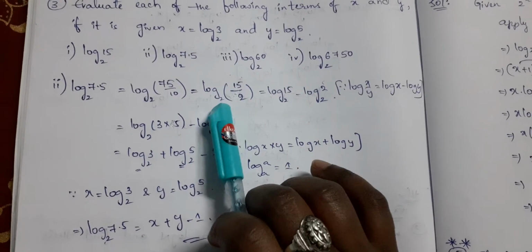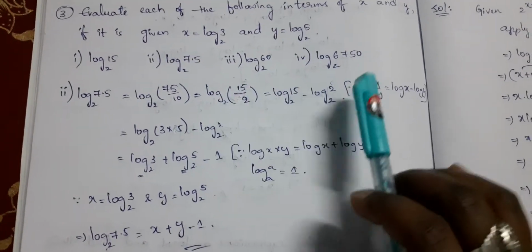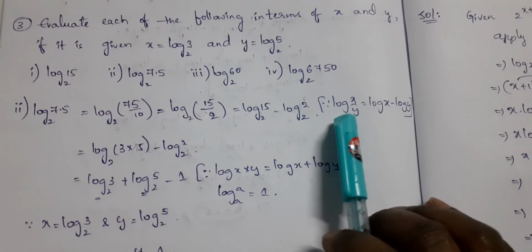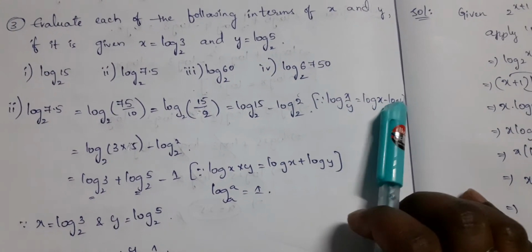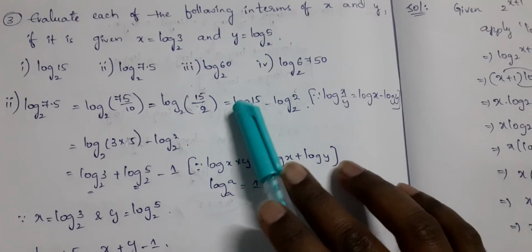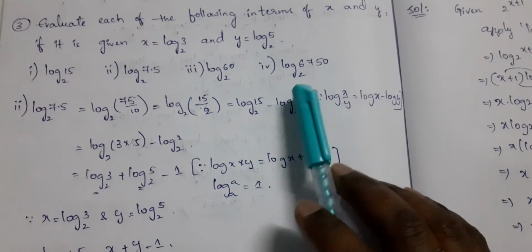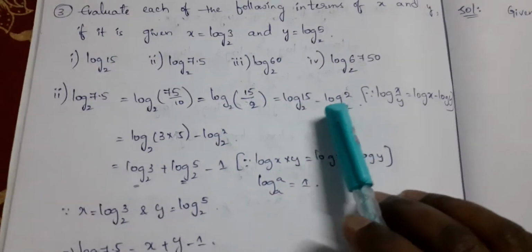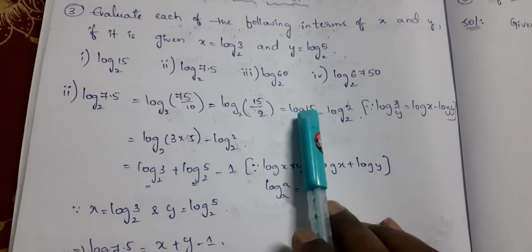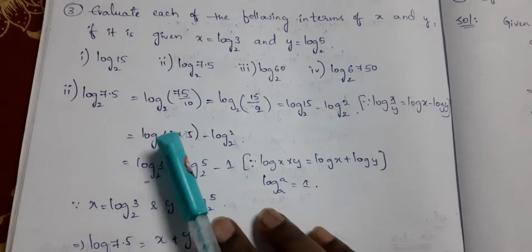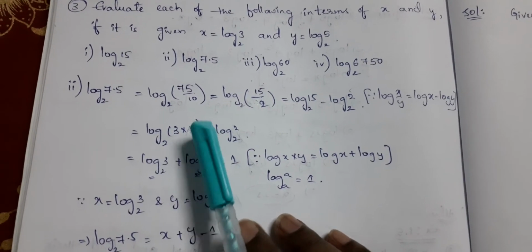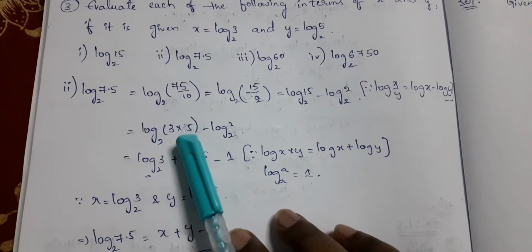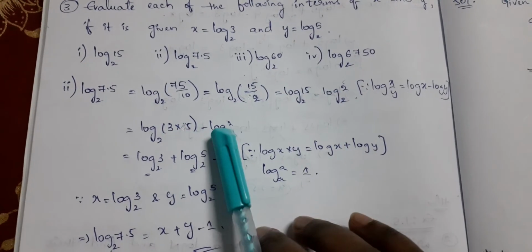Next, this division I'm expanding with the formula. Just see the formula: log x by y is equal to log x minus log y. In the same way, log 15 base 2 minus log 2 base 2. Next, see this 15 also. I'm dividing log 15 into 3 times 5, because 3 fives are 15, minus log 2 base 2 as it is.